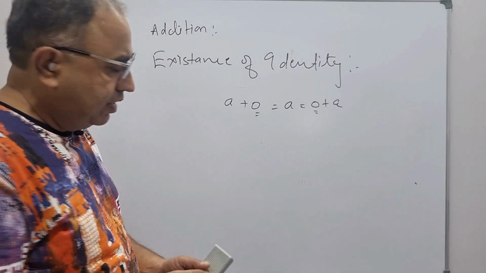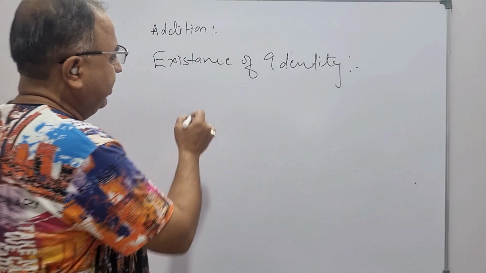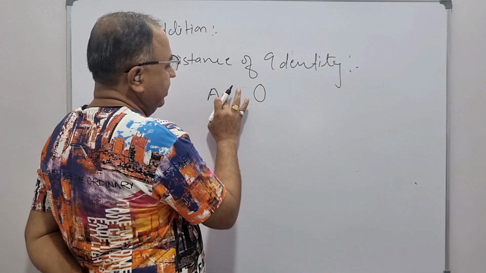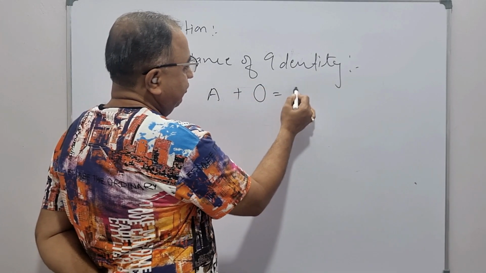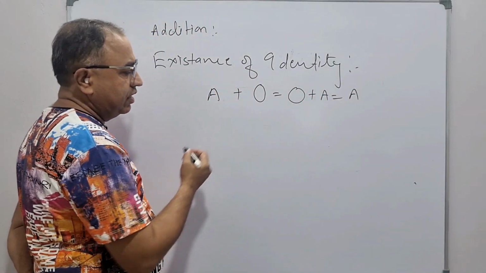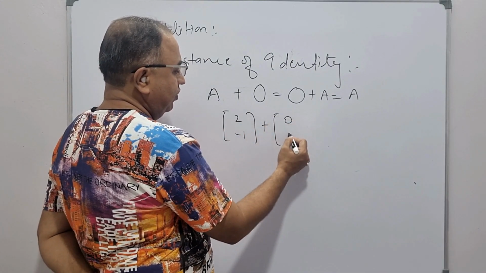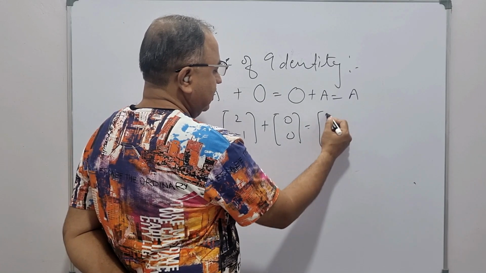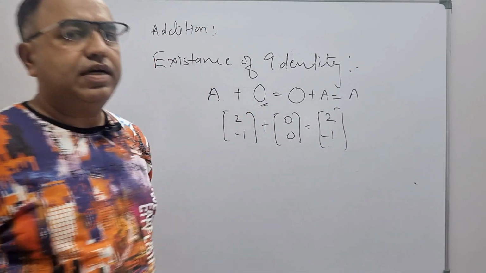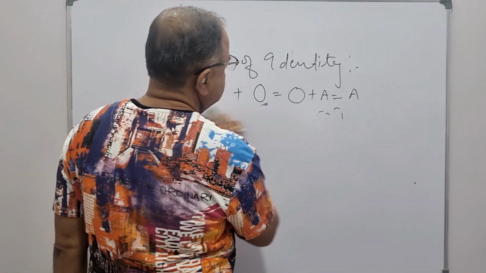Similarly, for any matrix, if A is a matrix, then there always exists a null matrix, where all the entries are 0, so that if you add them both, the result is the same matrix. For example, 2, minus 1 plus the null matrix 0, 0 of the same order, the result is what? 2 and minus 1. So the null matrix is called the identity for addition.